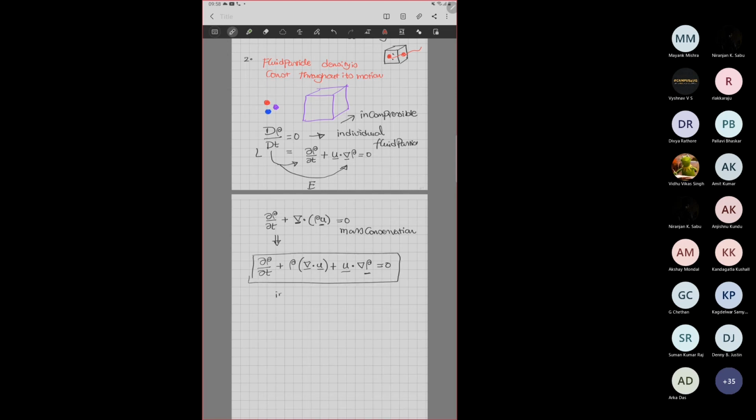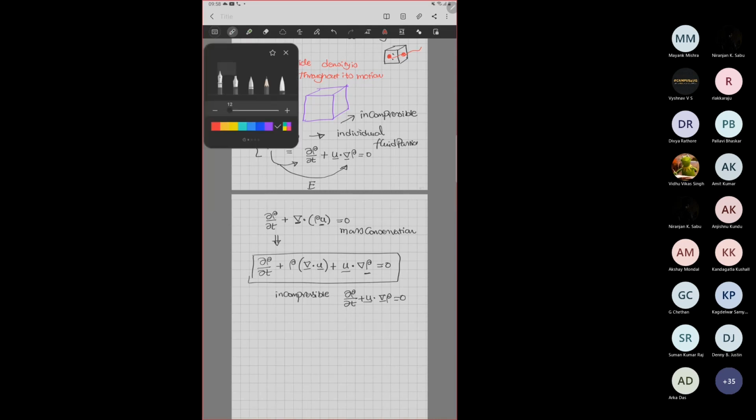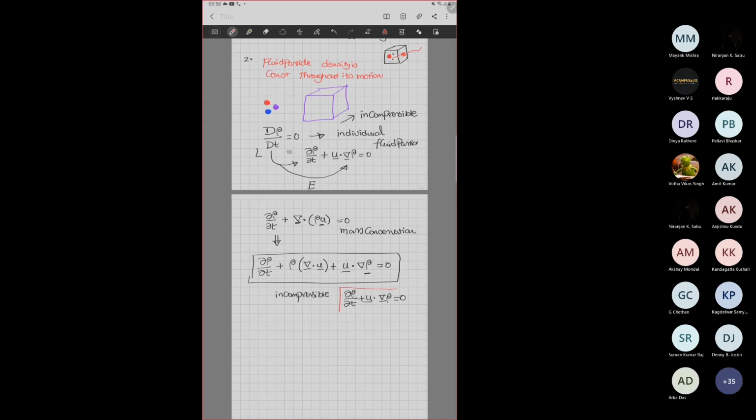If I pretend that it is incompressible, then del rho by del t plus u dot del rho is equal to 0. That means from both the equations, what we will end up with is that this entire term is the same.